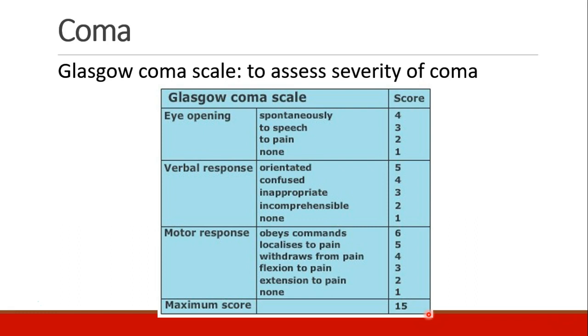Frequently they will break it down and say it's a GCS of 4E, 4V, and 5M. If patients are intubated, sometimes they will leave out the verbal response and just put a notation that the patient is unable to give a verbal response.